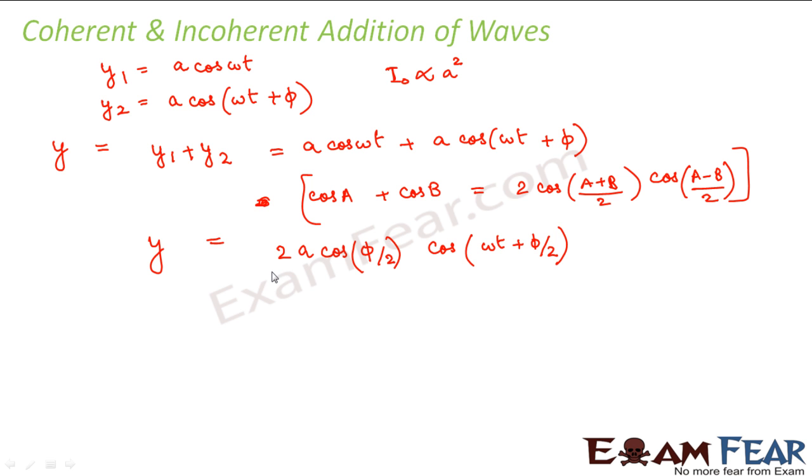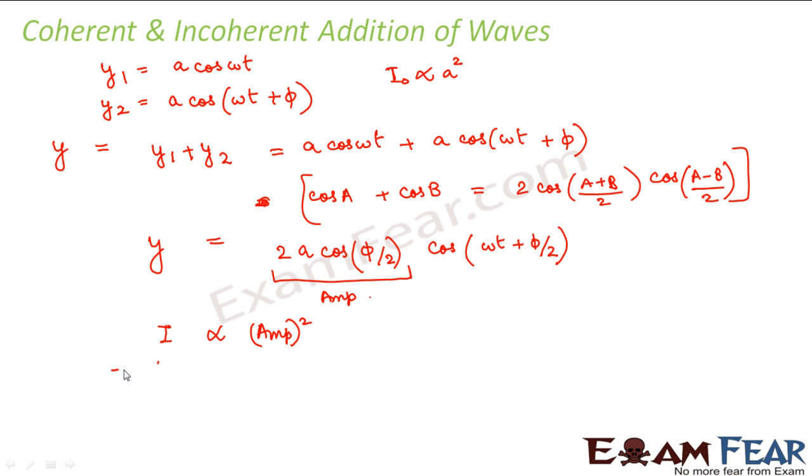Looking at this, which is the amplitude? Normally it is in the form of a cos omega t, so the cosine part is this one, and the remaining part has to be the amplitude. So this is my amplitude part. So what would be the intensity? Intensity is directly proportional to amplitude square.